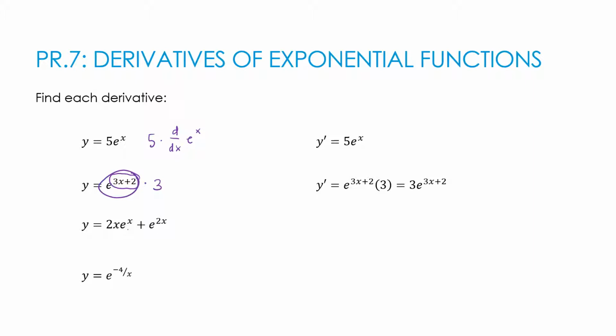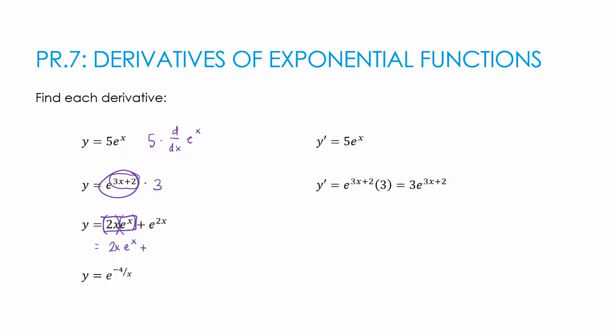The third one, I've got a sum and I also have a product. So I'm going to start by looking just at this guy. And this guy uses the product rule because essentially I'm taking 2x and e to the x. So the product rule says take the first times the derivative of the second, and the derivative of e to the x is e to the x.